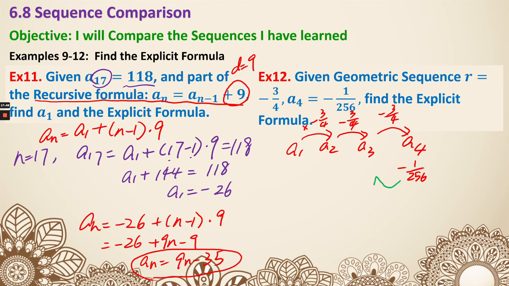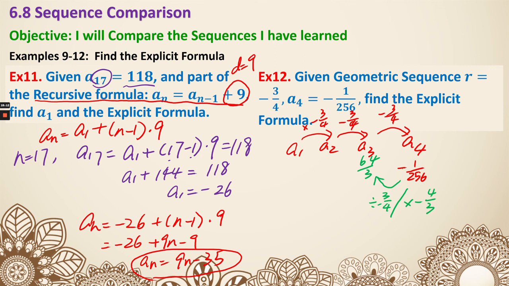That means I can't multiply by negative 3/4 again. I need to divide by negative 3/4, which means I'm actually multiplying by negative 4/3. So negative times negative is a positive.